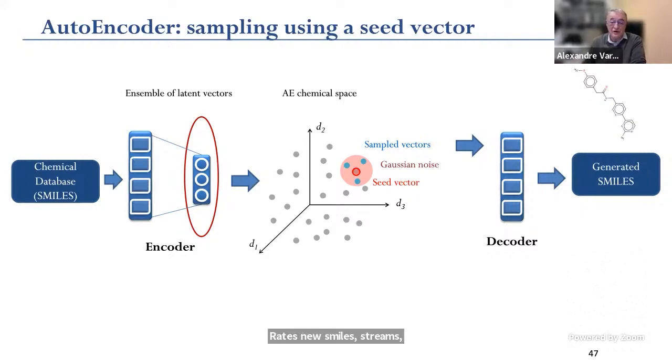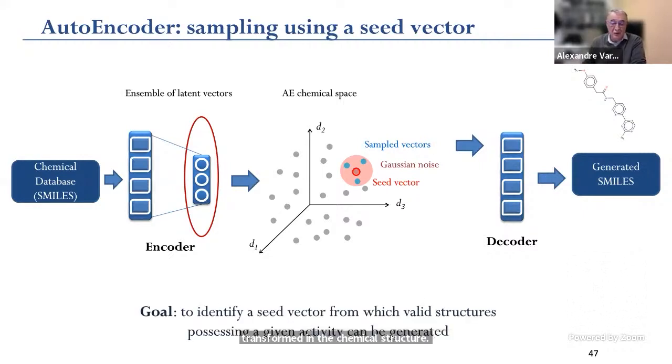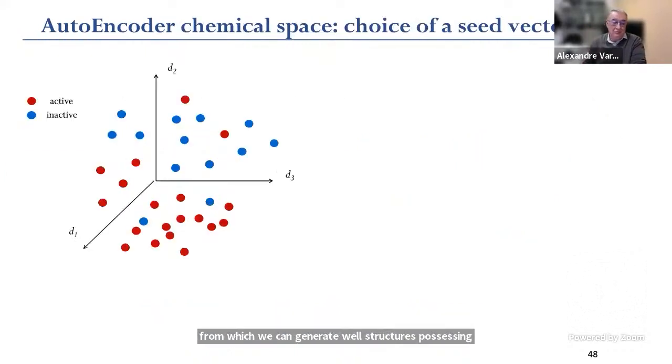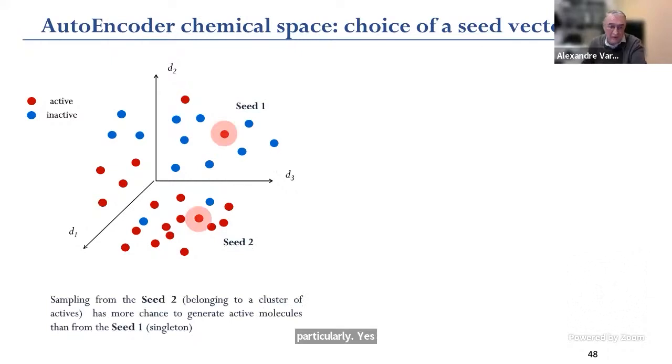So the question arises how to select a good seed vector from which we can generate valid structures possessing particular activity.